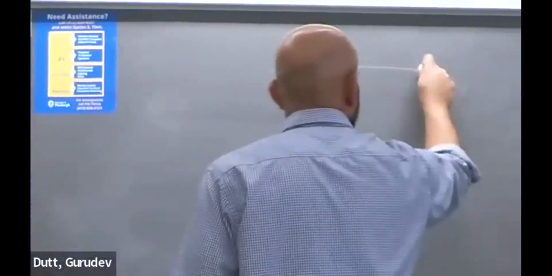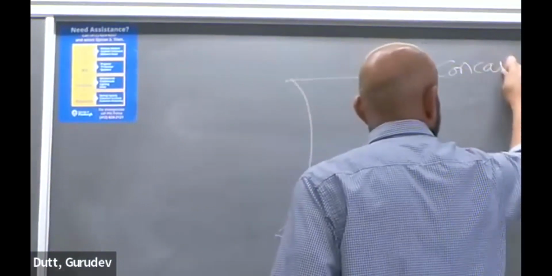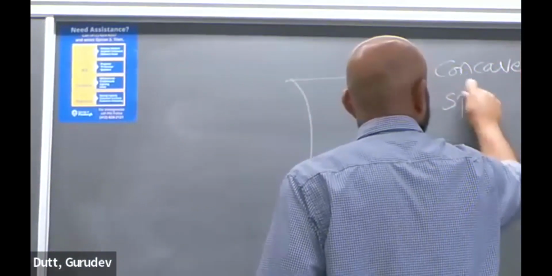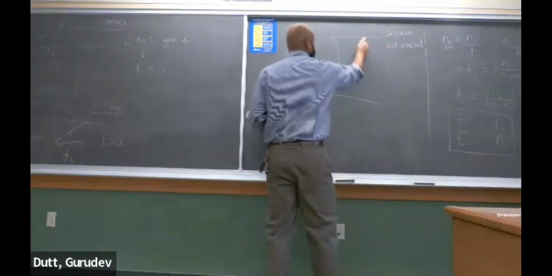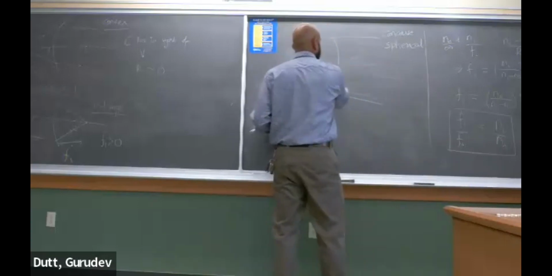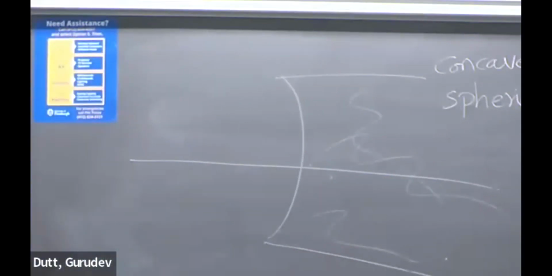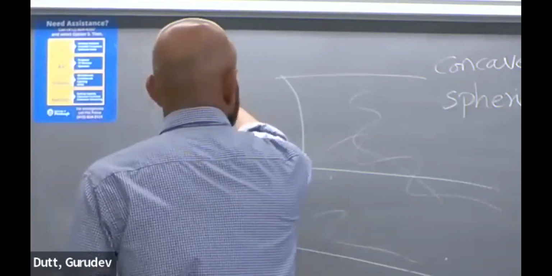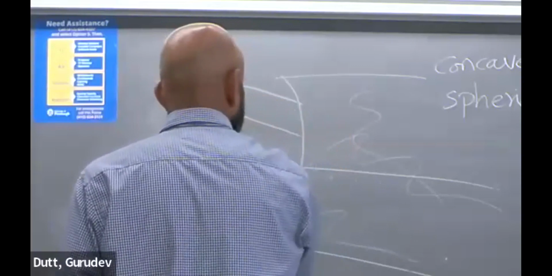Now I'll draw a concave spherical surface. Again, this is the medium on this side. Now imagine that those same rays that were converging towards that real image met this surface instead.